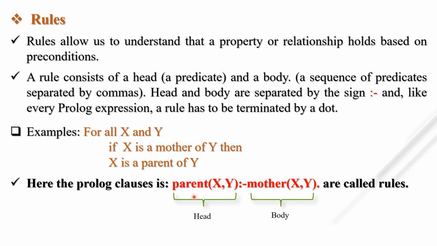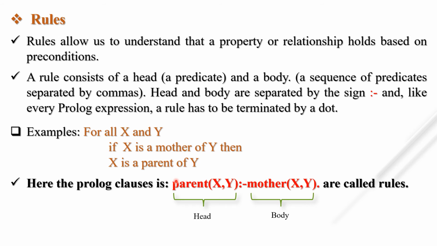So a rule has some preconditions, but for a fact there is no precondition we have to check. We only have to mention that this is bigger than this, or that the first Prime Minister of India is this. Also we can say that Abhishek Bachchan is a child of Amitabh Bachchan. That is a fact.